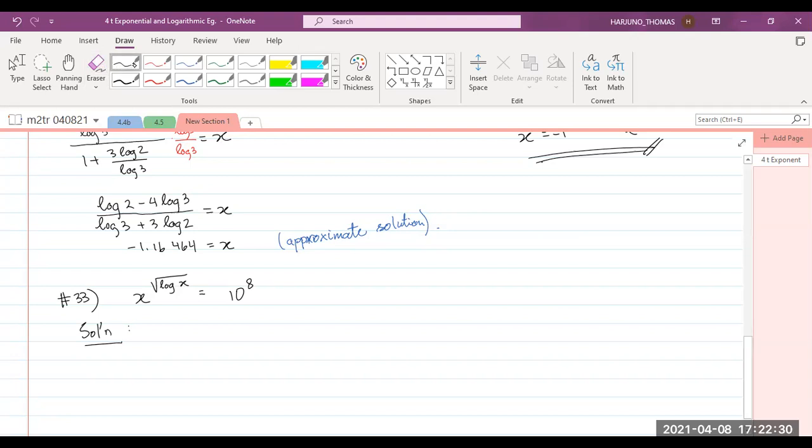In other words, I will make it like this. This is my base 10. This is my exponent. And this is my argument. Okay, so log base 10 of the argument equals exponent 8.